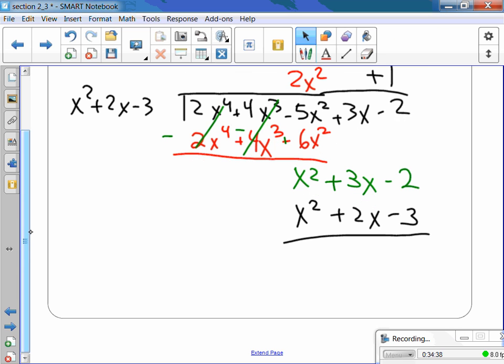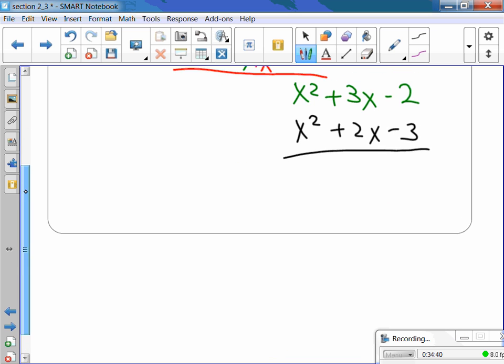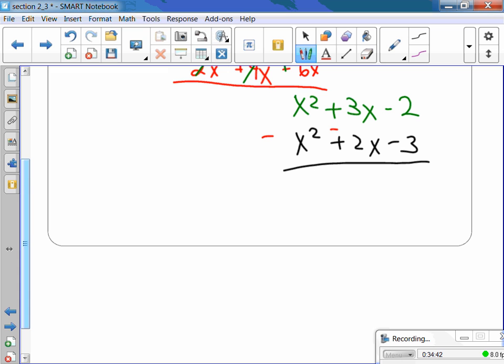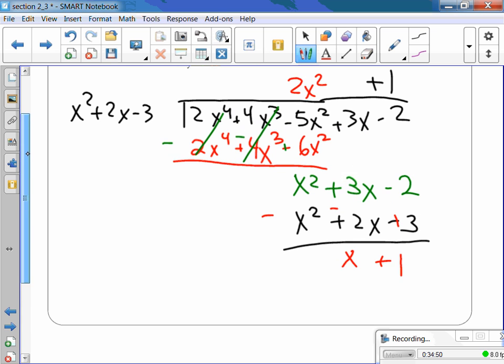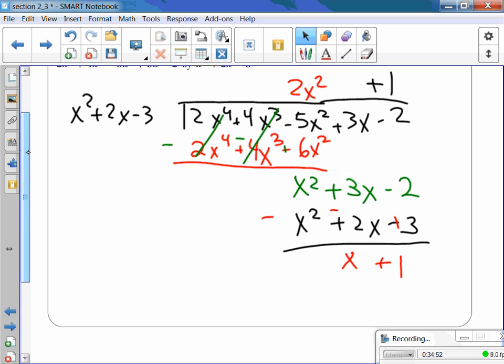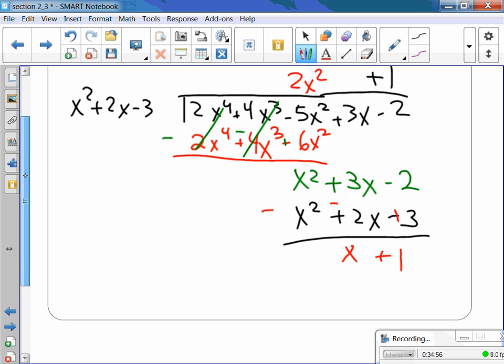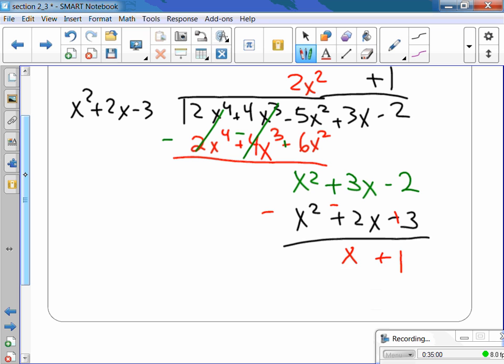So what would my answer be for this division problem? How would I write it out? My answer is always going to be the quotient plus the remainder, right?